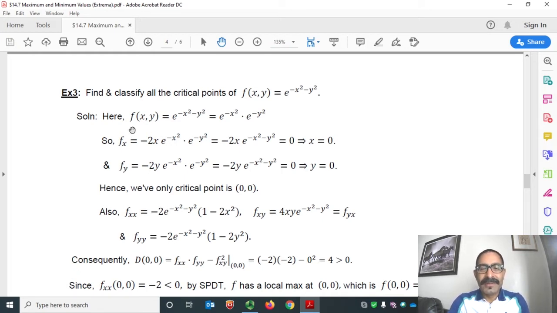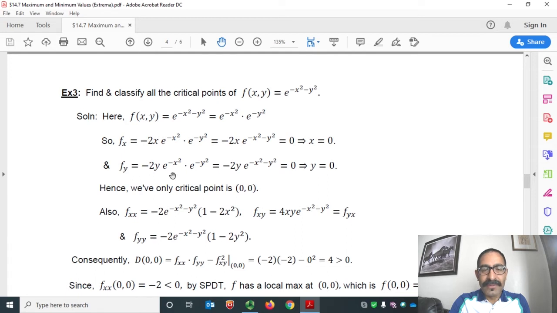Here, the given function can be rewritten as f(x, y) equals e to the power -x squared times e to the power -y squared, because we can combine these functions. Now take the partial derivatives. Here's fx. Use the chain rule here. It turns out to be this expression; set it equal to 0, and this gives us x equals 0. Similarly, compute fy.